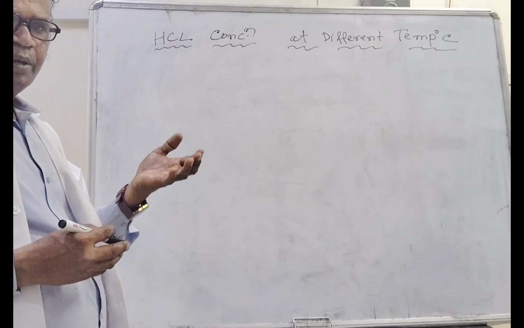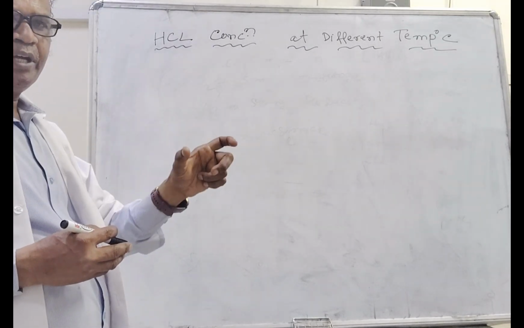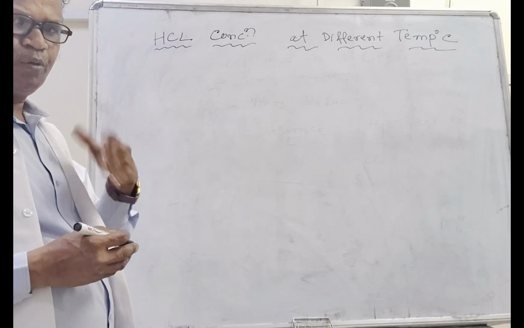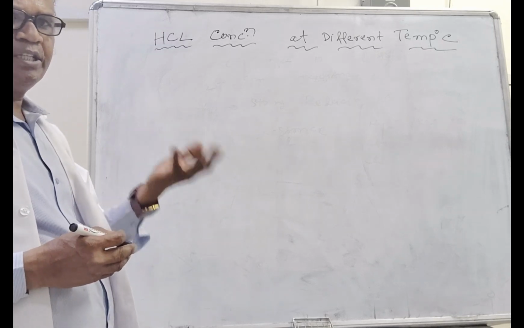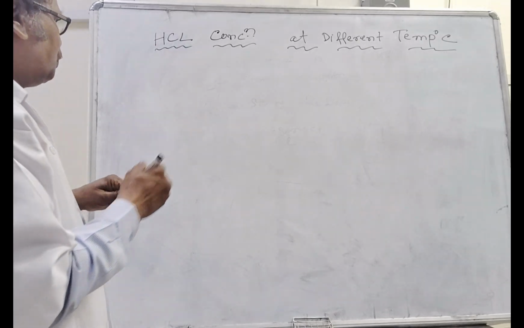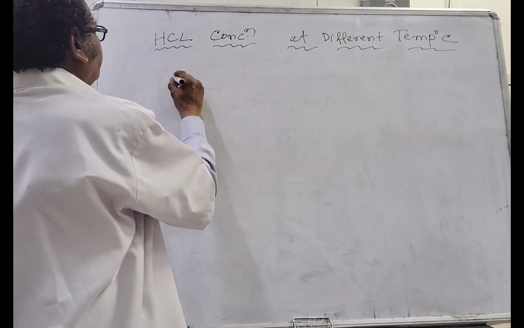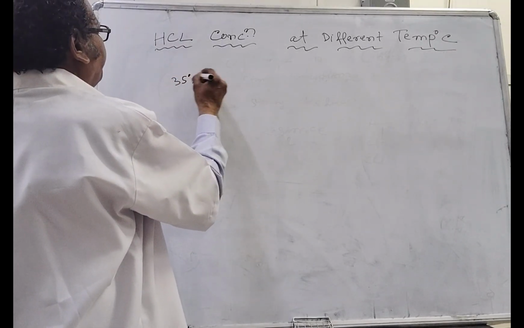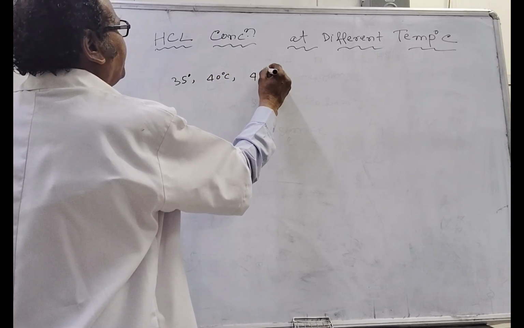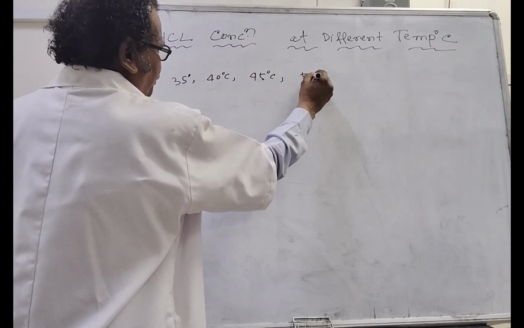If you know the density of the HCl against the temperature, then you can easily find the concentration of the HCl. Suppose it is 25 degree, 40 degree, 45 degree or 50 degree.